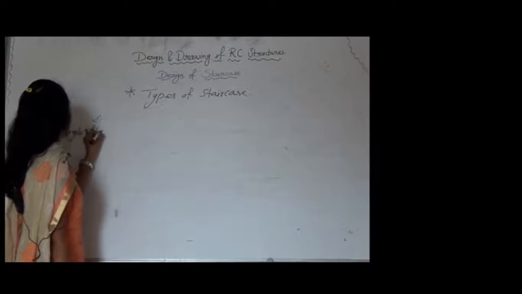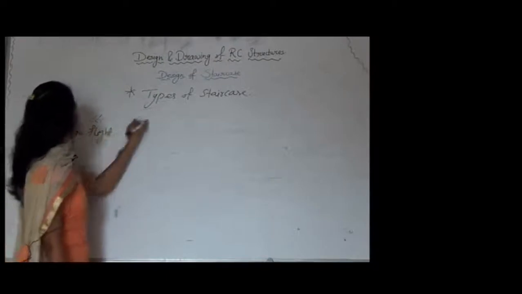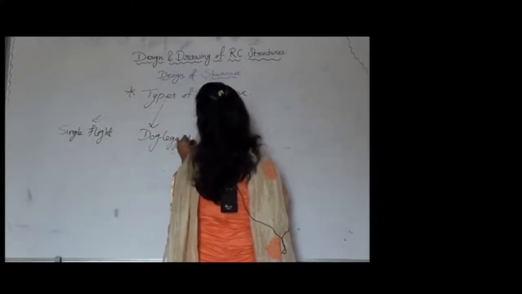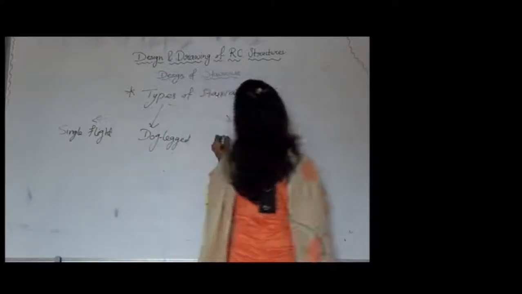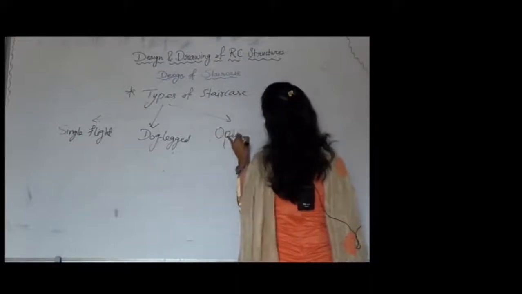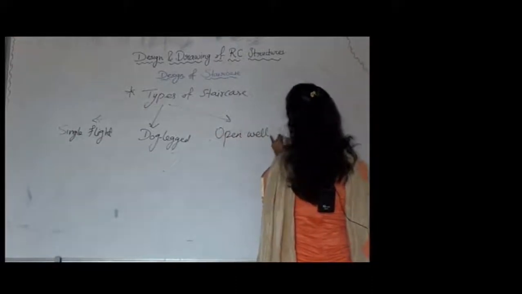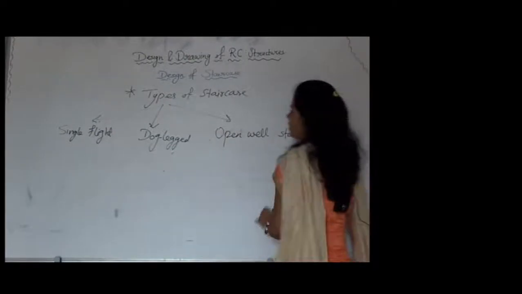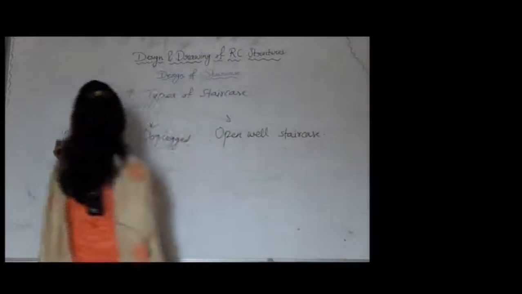So under this, first one is a single flight, second dogleg, and third open well staircase. Now single flight.